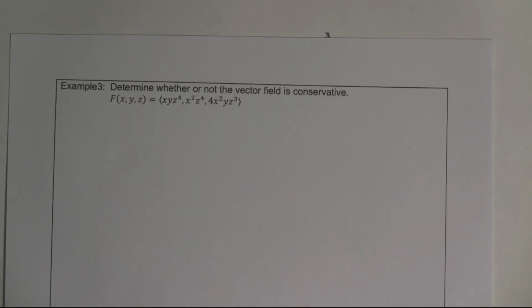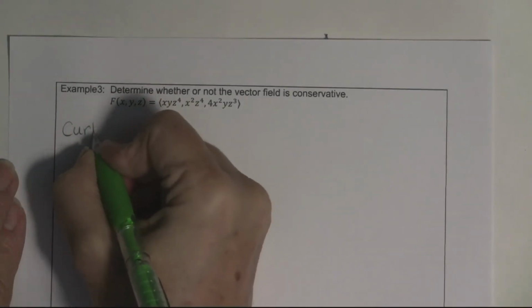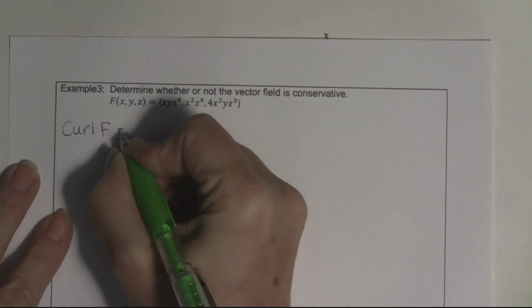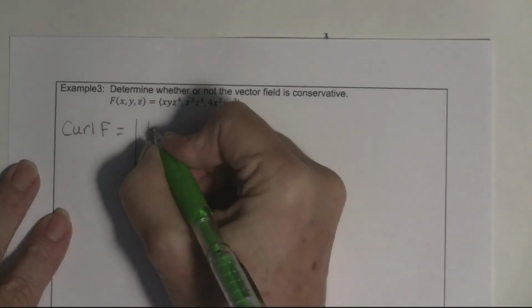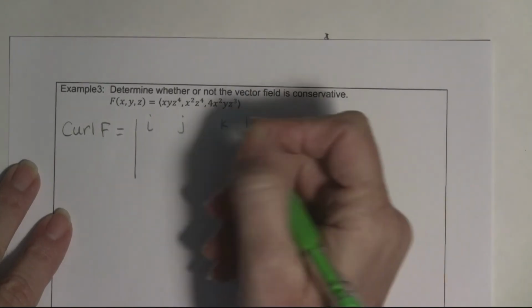They're asking, determine whether or not the vector field is conservative. And that means you want to find the curl of F, because it's three-dimensional here. And so this is i, j, k. You can write the cross product if you want to.